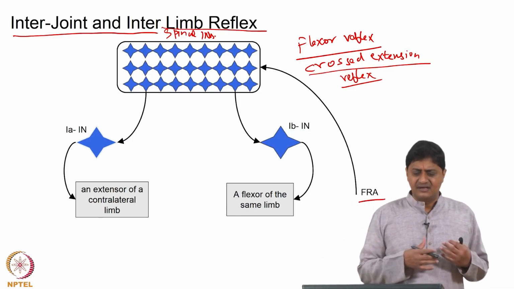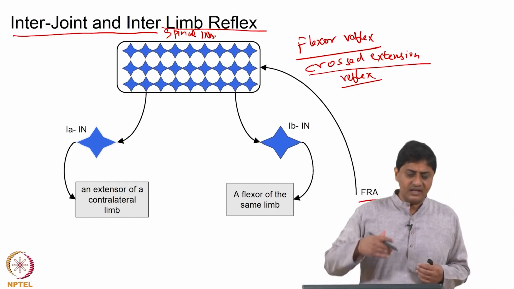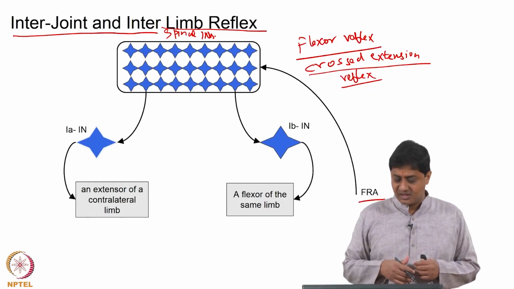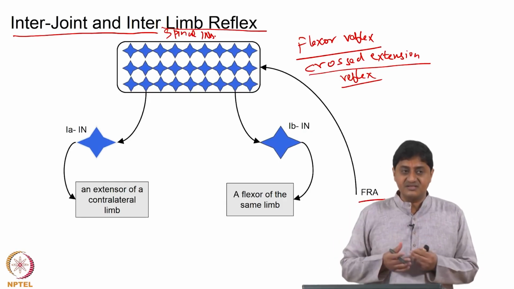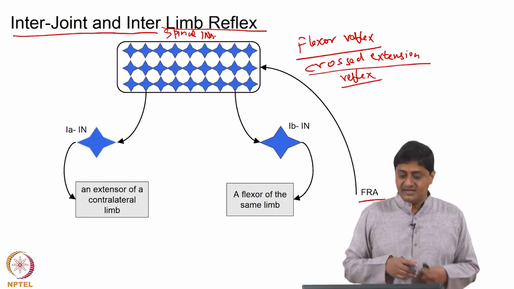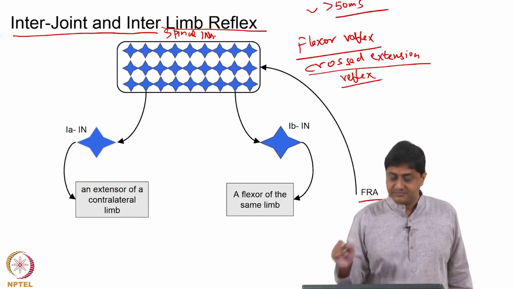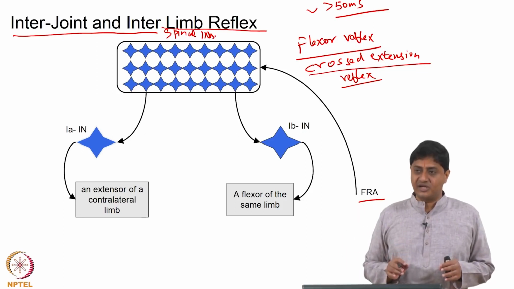So there are reflexes that control other joints, there are reflexes that control the contralateral limb, the limb on the other side of the body, etc. These are not monosynaptic. So when I say reflex, you should not imagine that this is a monosynaptic reflex. These are polysynaptic reflexes. Delays are greater than 50 milliseconds. So these are polysynaptic reflexes. The response time is going to be that much.